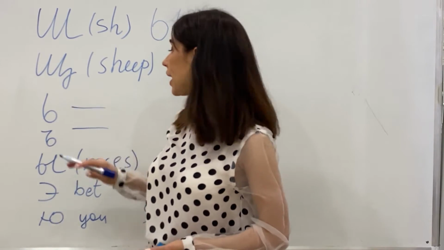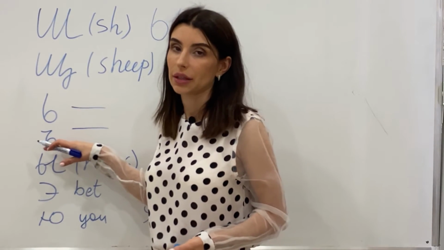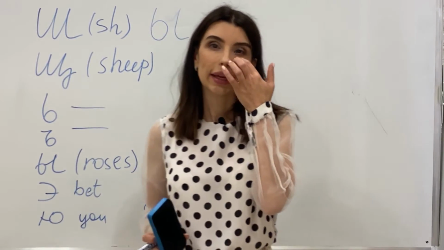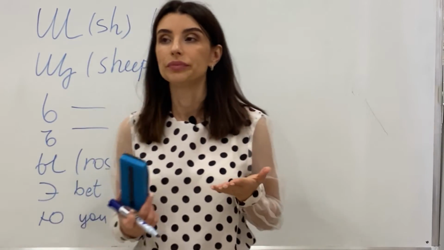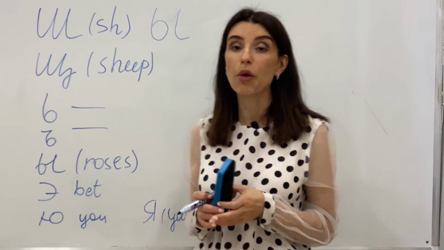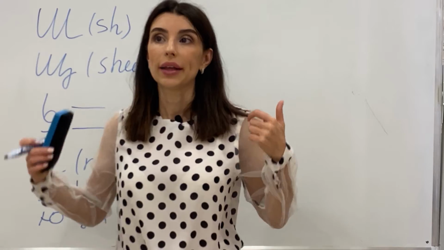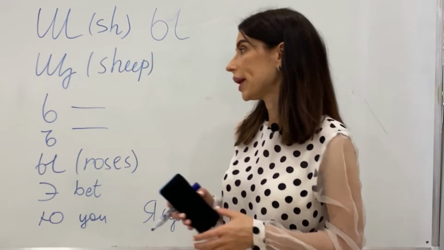Мягкий знак and твердый знак. Мягкий and твердый. So, let me explain something. Do you understand why we have this letter and why I'm talking about it at the end of my video?